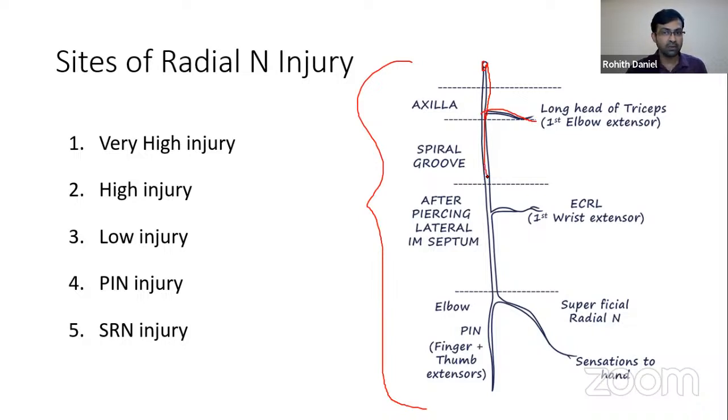Then it descends down through the spiral groove, pierces the lateral intermuscular septum, gives off a branch to the extensor carpi radialis longus, which is the first wrist dorsiflexor or first wrist extensor. Then the radial nerve descends down, splits into the posterior interosseous nerve, which is purely motor, and the superficial radial nerve, which is purely sensory.